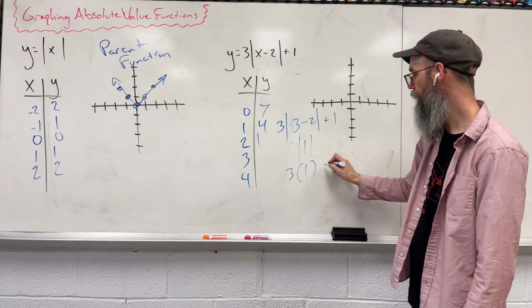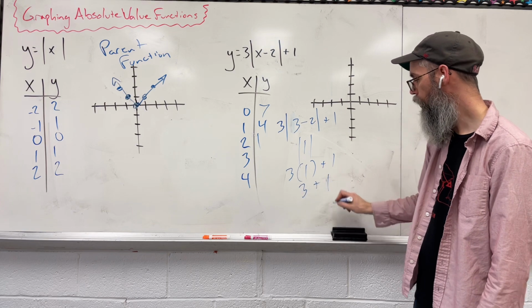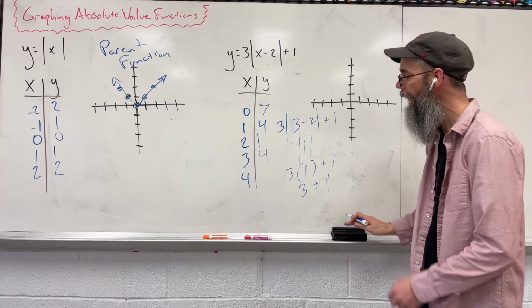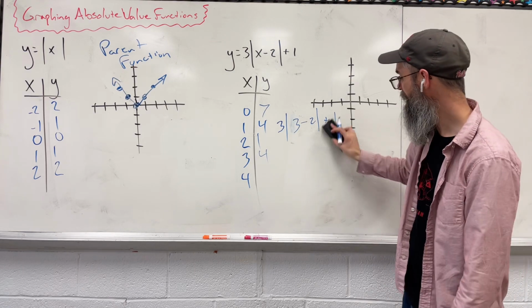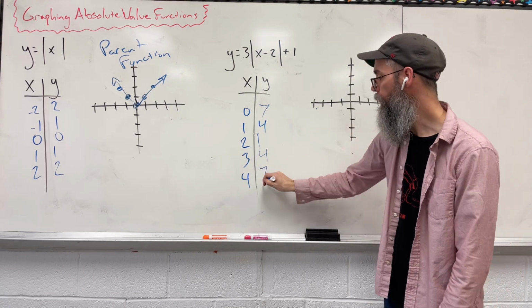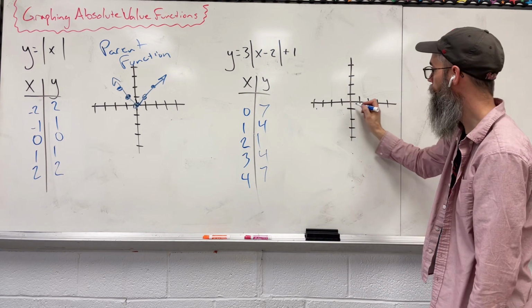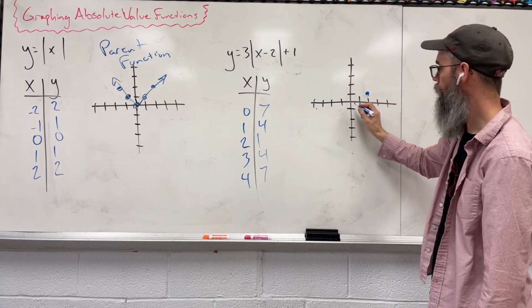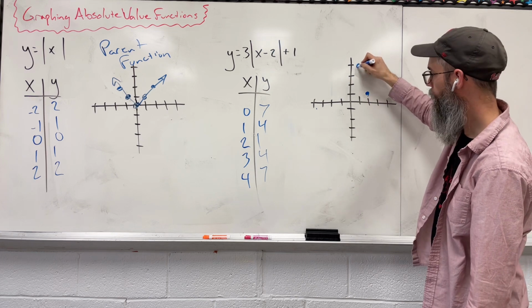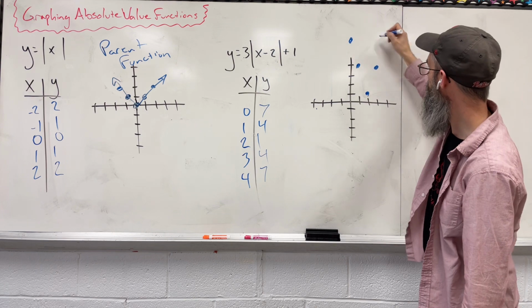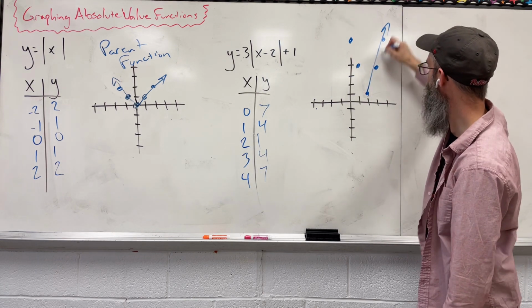Multiplied by that 3. You get 3 plus 1, which is a 4. Now, this is good because our numbers are starting to repeat. That last number is going to be a 7. They have to start to repeat themselves. Now, when I plot this, go over 2, up 7, over 1, up 4, 2, 1, 3, 4, 4, 7.